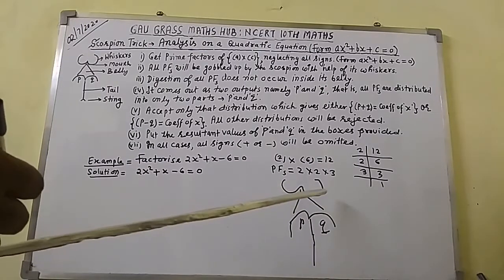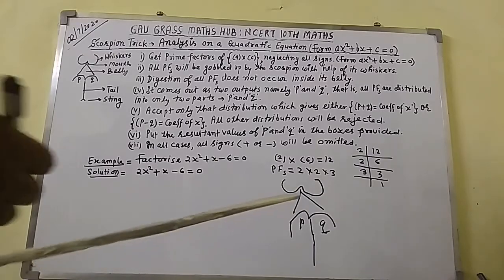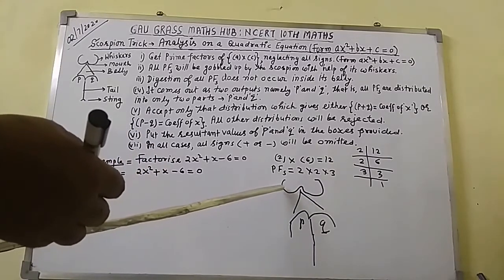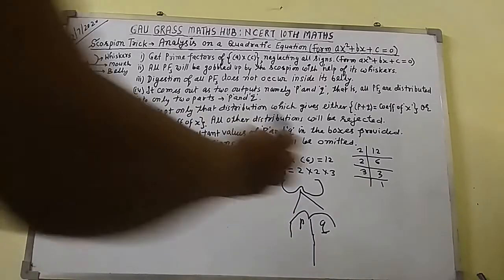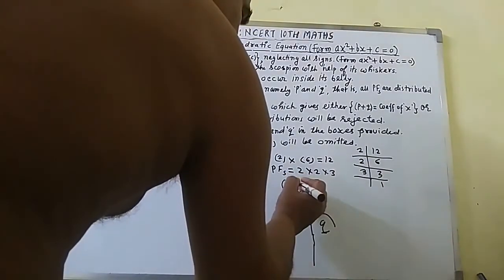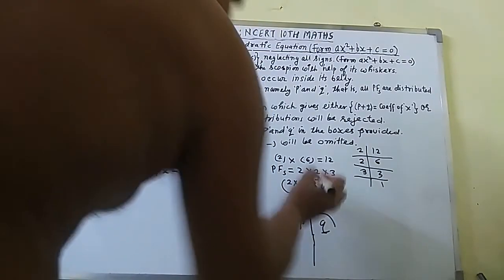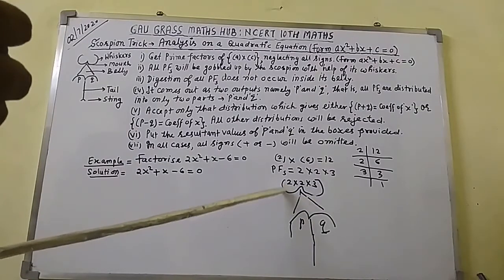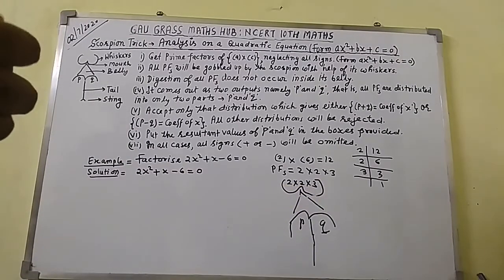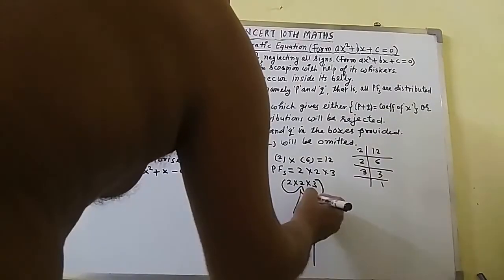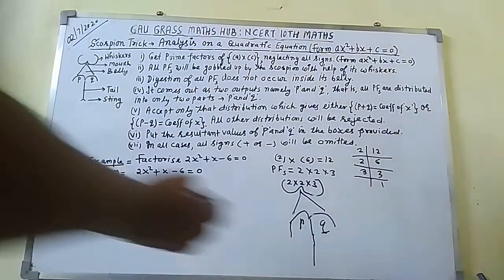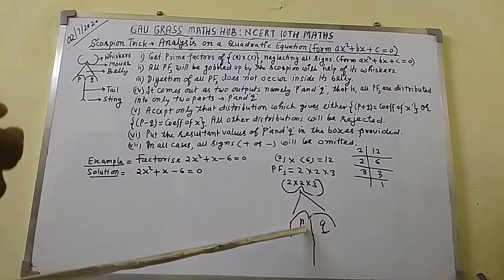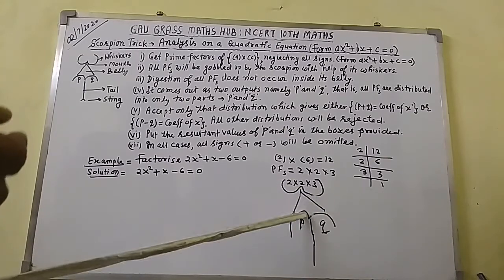Here are its whiskers. All PFs will be put inside its whiskers. Like that I am putting here 2 into 2 into 3. All PFs, 2 into 2 into 3, I have put inside the whiskers of the scorpion. Now all these PFs have been gobbled up by the scorpion with the help of the whiskers.